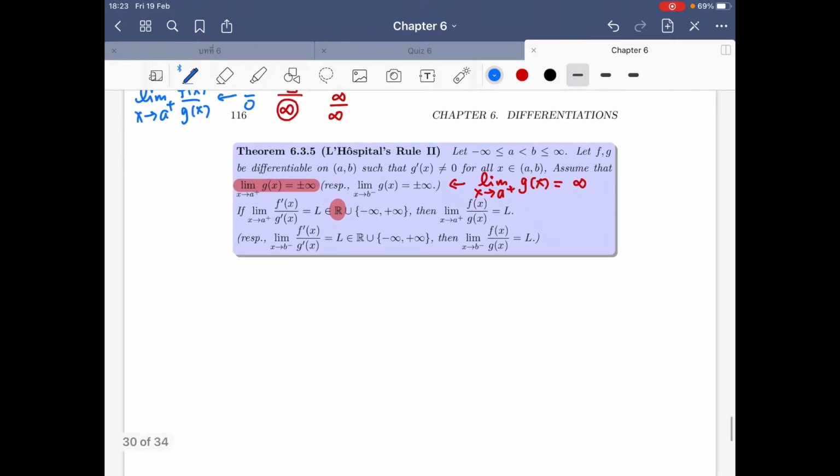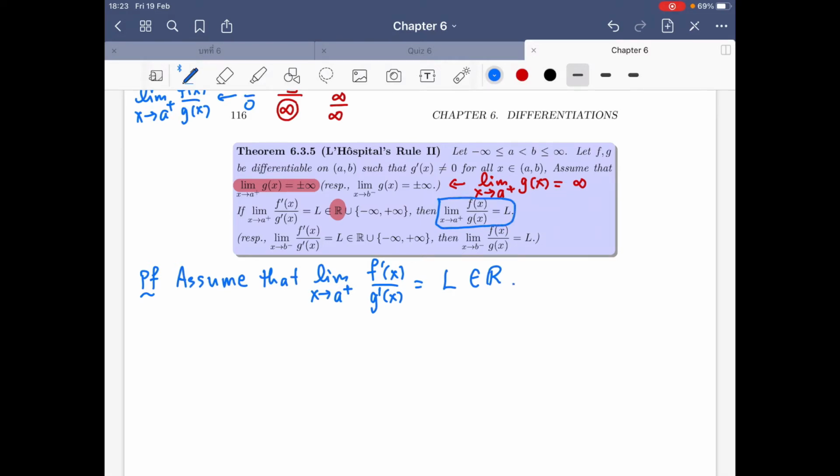All right, so let us try to do the proof. As we said, we assume that the limit as x goes to a from the right of f prime over g prime equals a real number L, and we need to prove this limit.